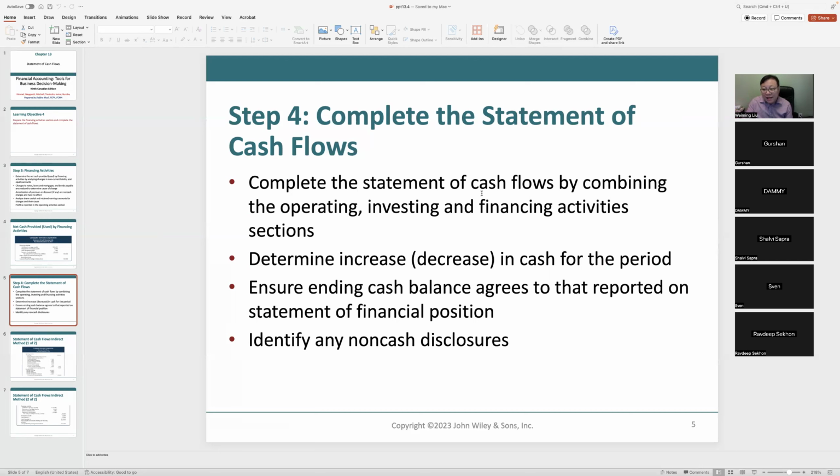Okay, and then you know your beginning balance of cash, and then you just figure out the net change. So you'll be able to find out the ending balance, right? The cash ending balance position has to be consistent.